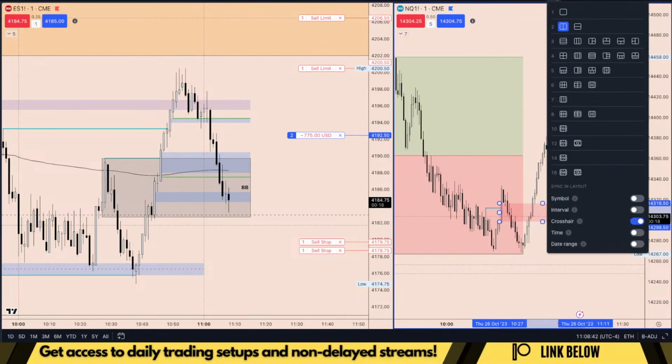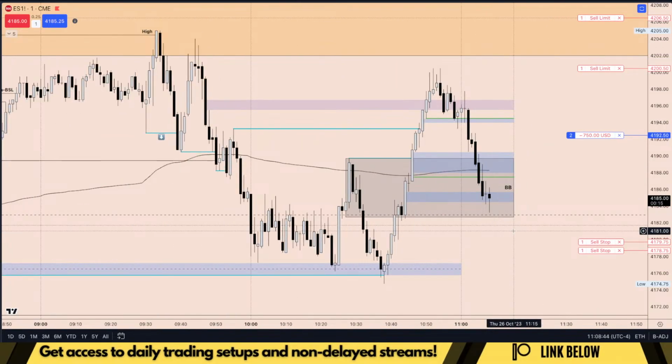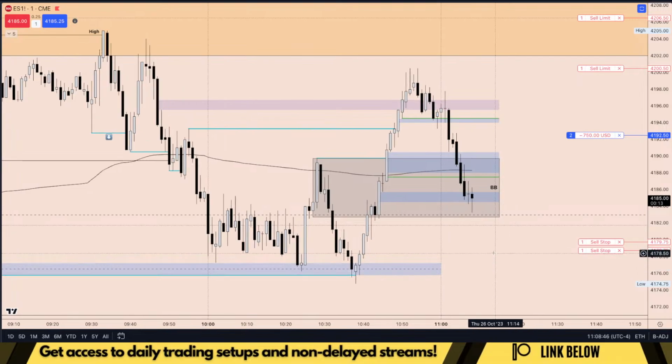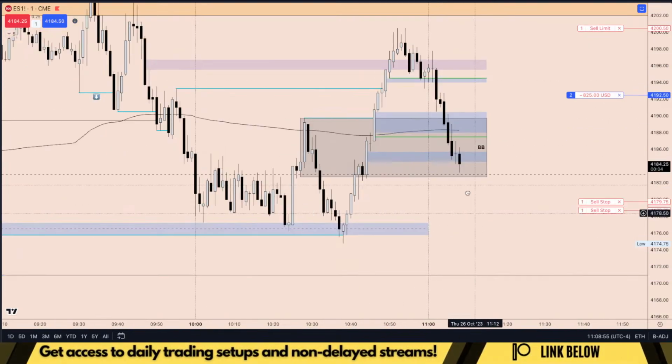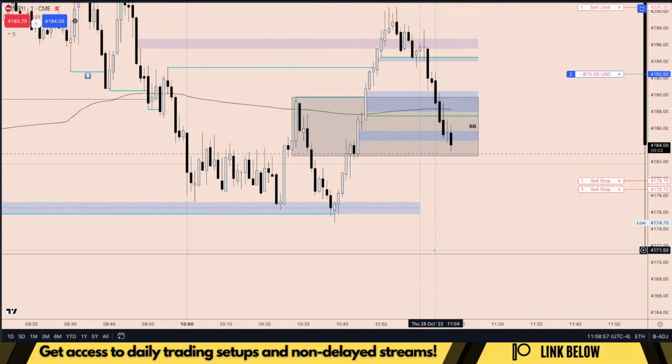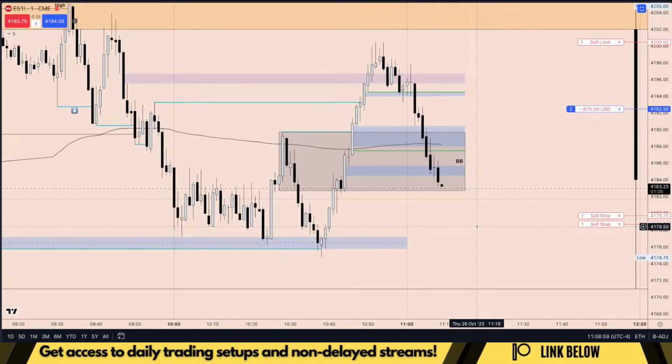At least. Haven't had a single up closing candle in this row, same way as we had it here. So this could really would have been a fake out to continue into London sell side.